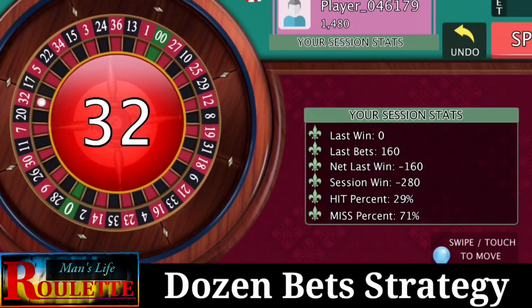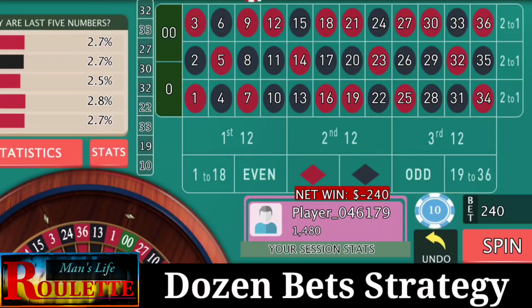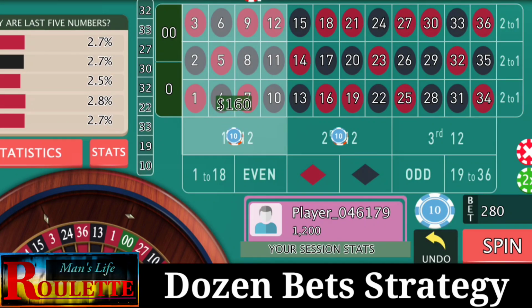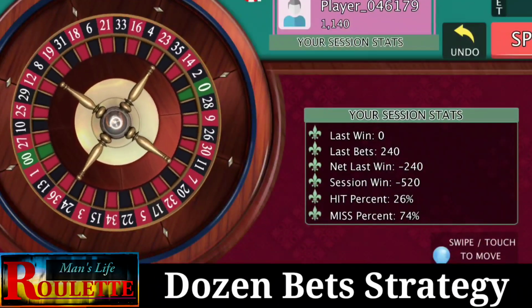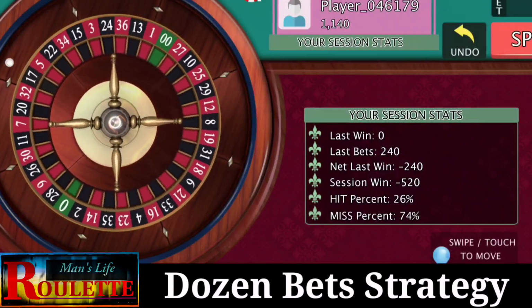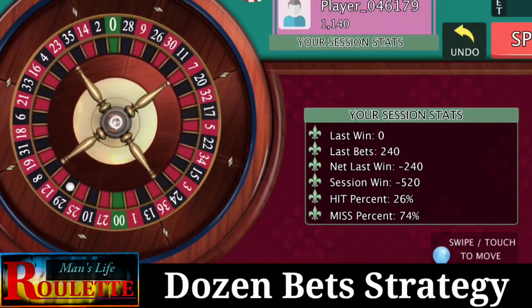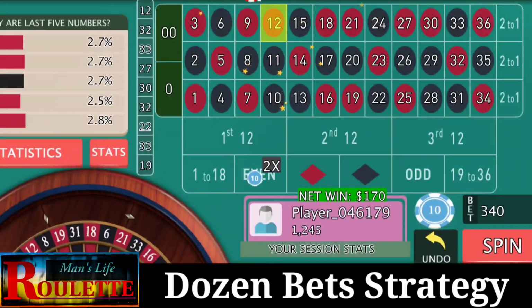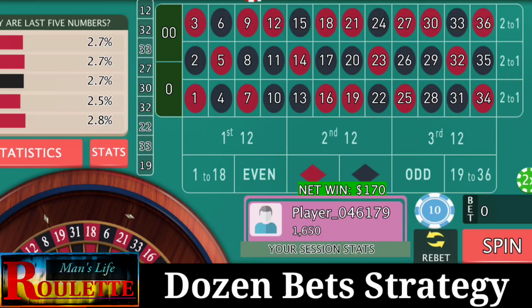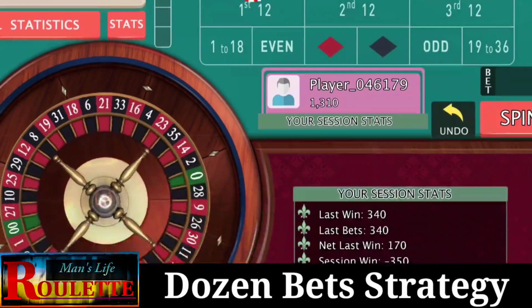This is the fifth loss, so you have to increase 5 units on each of the positions. 3, 4, 5. Okay. And this time I win over here, but you can see I haven't crossed the bankroll, so I have to repeat and play the game.